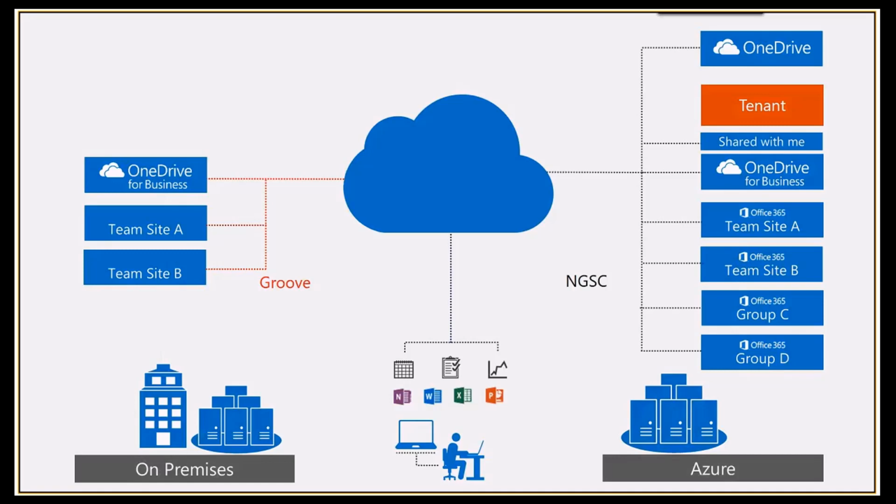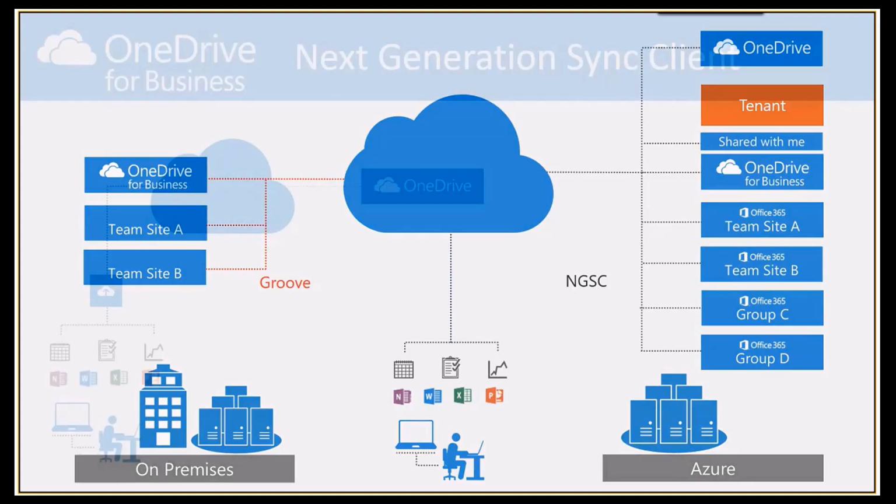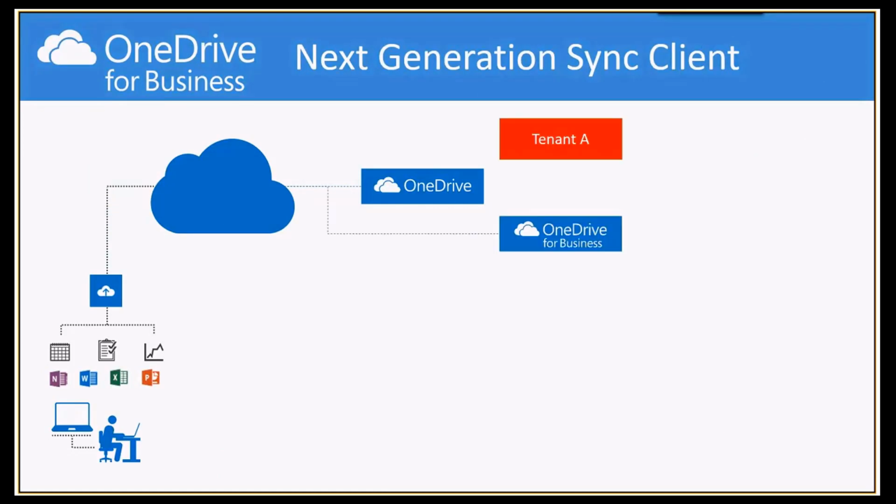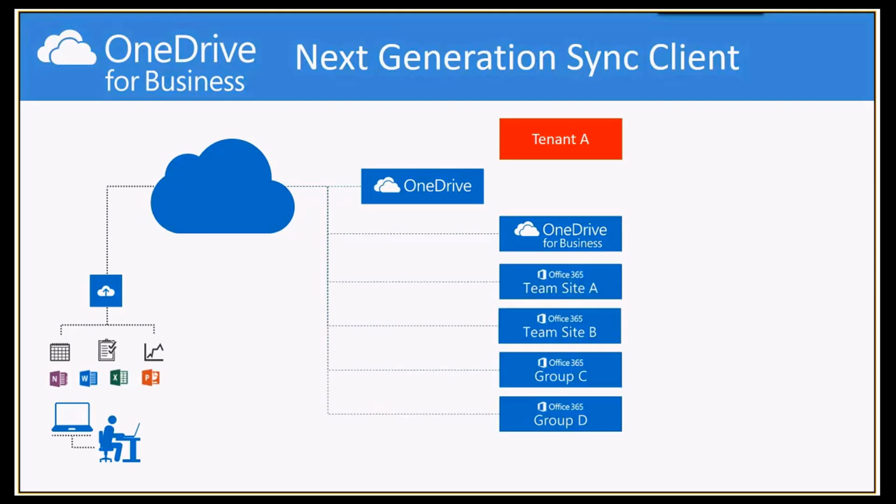And if you look at the left side, you can make it more complicated. You have OneDrive, that's a personal one. It's only possible to have one OneDrive Personal, but many instances of OneDrive for Business with the next generation sync client. That's the old story. I told you a minute before, as a consultant, if you have the possibility, you can have a second tenant.